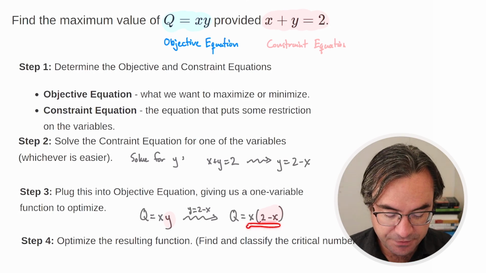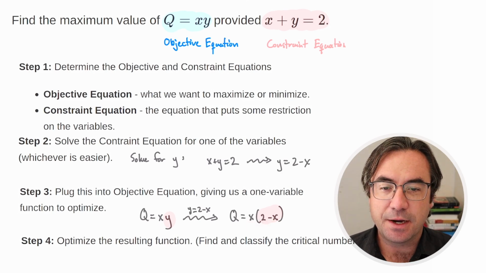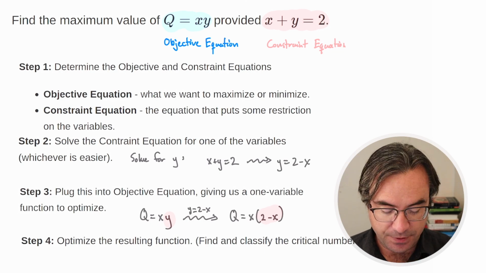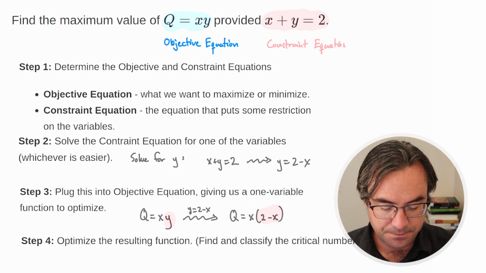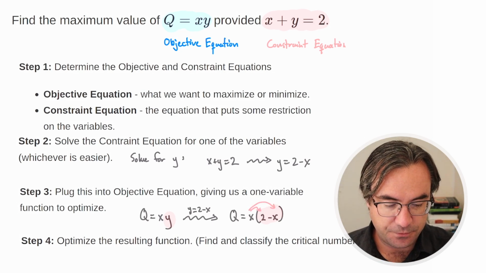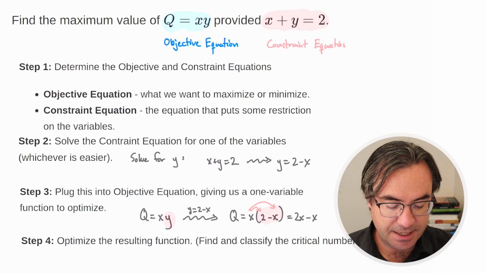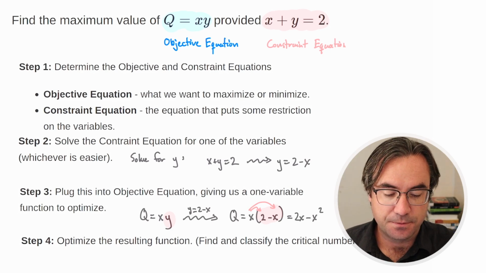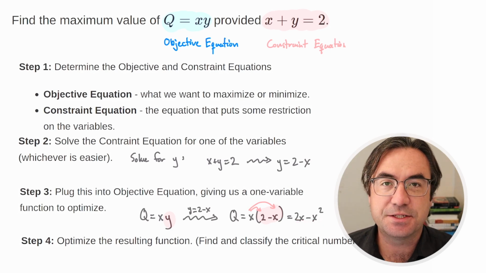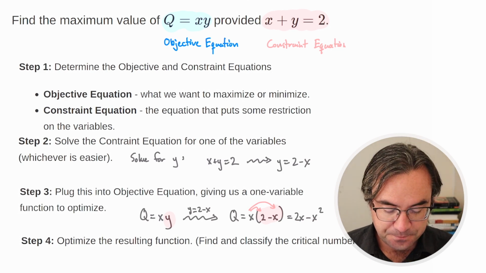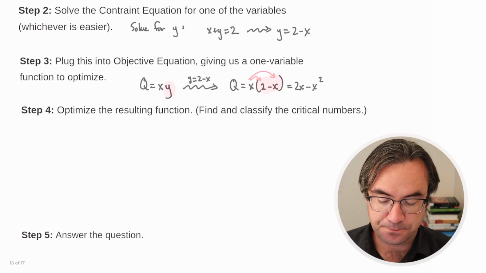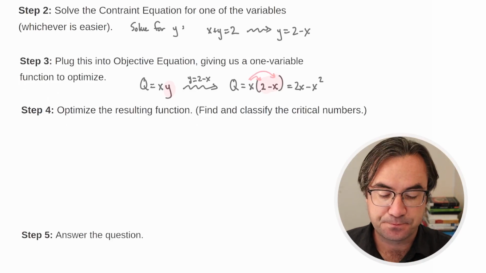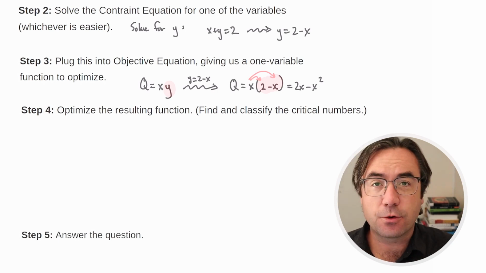We could leave this function like this, but it's going to be easier to differentiate if we multiply this out. So let's distribute that x. We get 2x minus x squared. This version is going to be easier to differentiate. So step 4, we're going to optimize. We're going to first find our critical numbers.